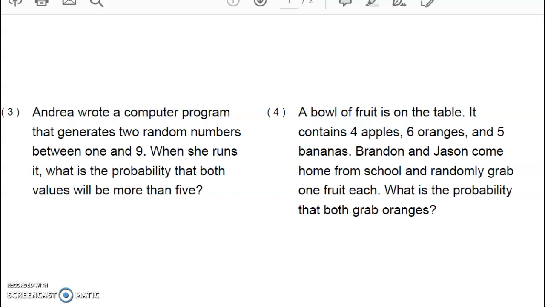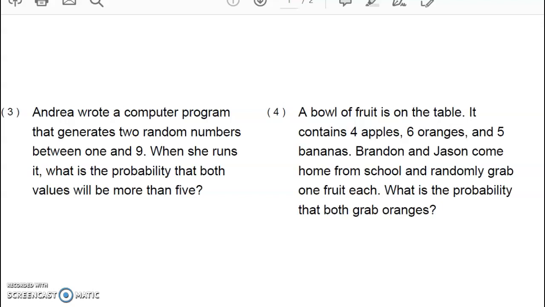Probably not. So these would be independent. So we just have to find each of the probabilities and multiply them. There are 9 numbers here from 1 to 9 that are possibilities. There are 6, 7, 8, and 9 that are greater than 5, right? We don't want to include 5. So there are 4 out of 9 times 4 out of 9 would be 16 out of 81 as our total probability.